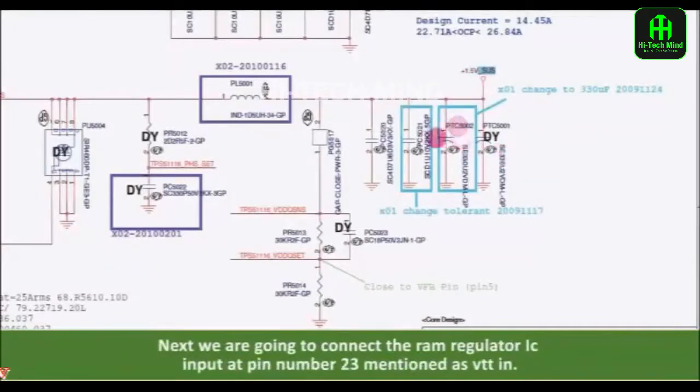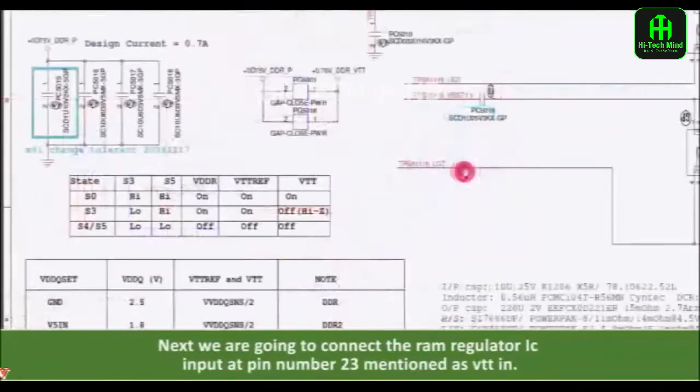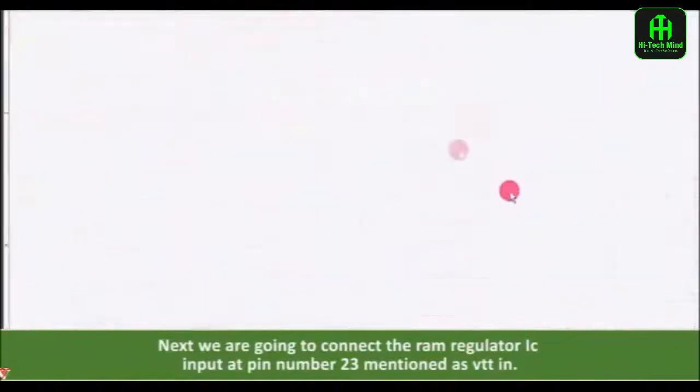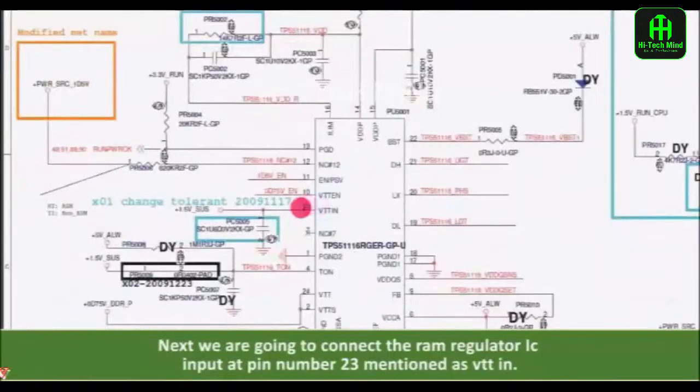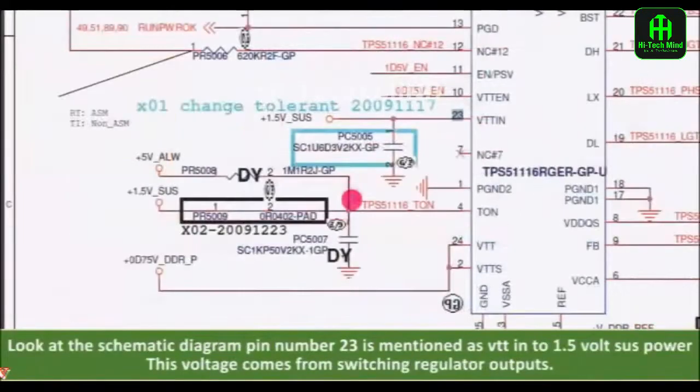Next we are going to connect to the RAM regulator IC input at pin number 23, mentioned as VTT in. Look at the schematic diagram. Pin number 23 is mentioned as VTT in, connected to the 1.5 volt source power.